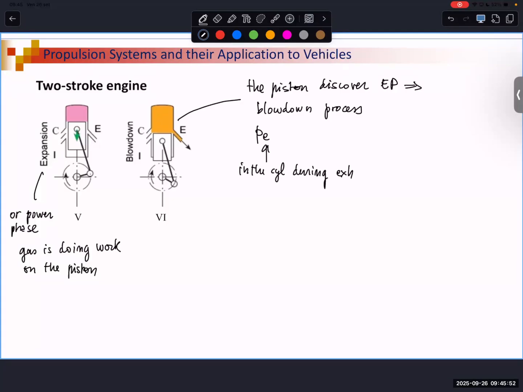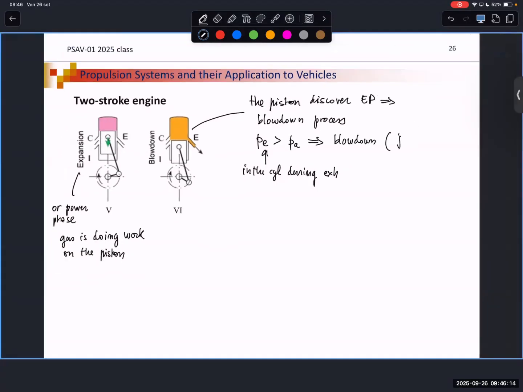When I talk about PE, I mean the pressure of the gases during the exhaust. This is higher than the ambient pressure, and this is why I have blowdown. As was described in the previous cycle, this is just due to differential pressure between the gas inside the cylinder and the ambient.